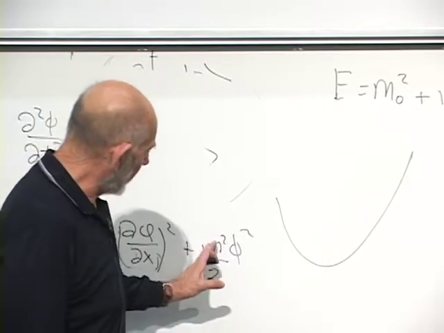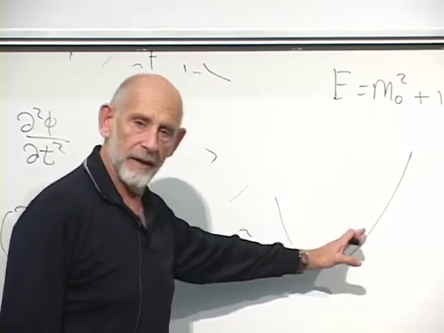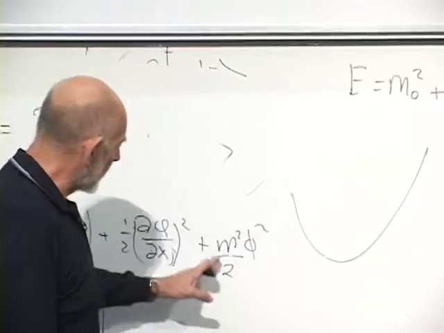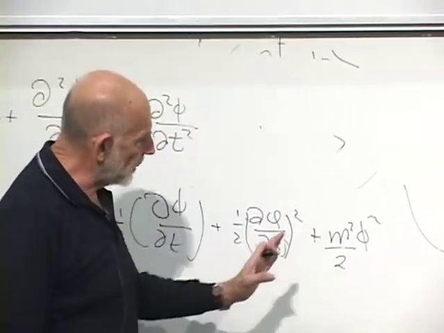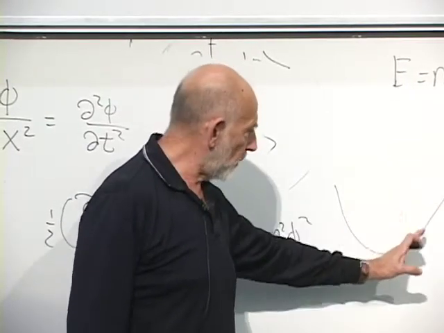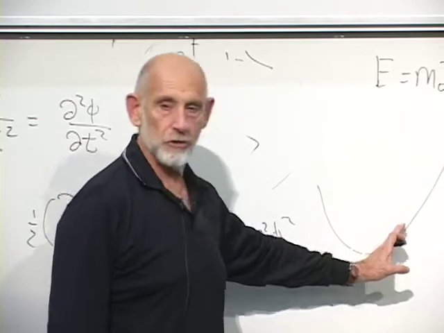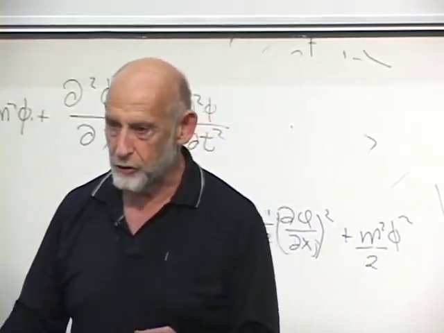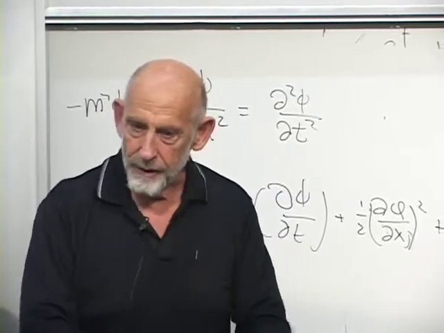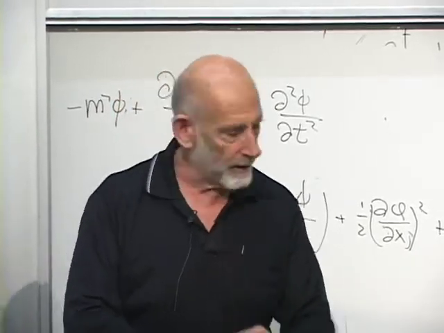The result of that is if you increase phi, it will oscillate back. It's just like a harmonic oscillator. A positive energy when you displace the field a little bit. Because it costs some potential energy to increase phi, it'll swing back, and the wave will oscillate.